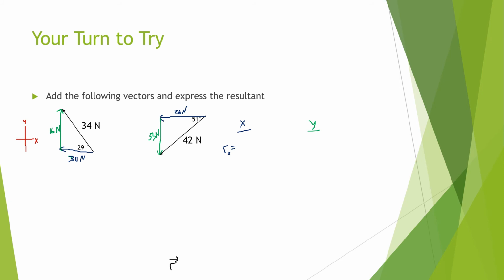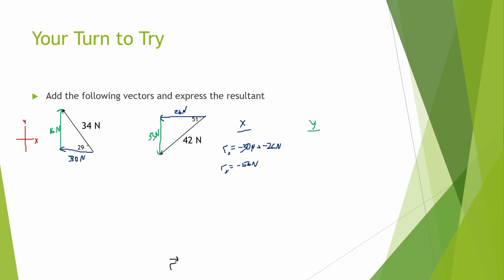However, since it's pointing to the left, I have to call that negative. So I have negative 30 newtons plus, and I use the other one, which is also to the left, so another negative number, negative 26 newtons. And that gives me an overall x component of negative 56 newtons.